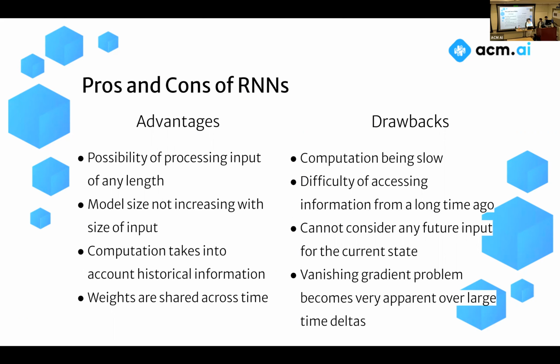Mainly, computation can be quite slow, and because of the RNN's capacity, it sometimes has difficulty accessing information from a long time ago. So while it is able to remember previous information, it's not able to remember that much, right? It's also not able to consider any future input for the current state. It's only able to go backwards in time. And a really big one is that the vanishing gradient problem becomes apparent over large times.